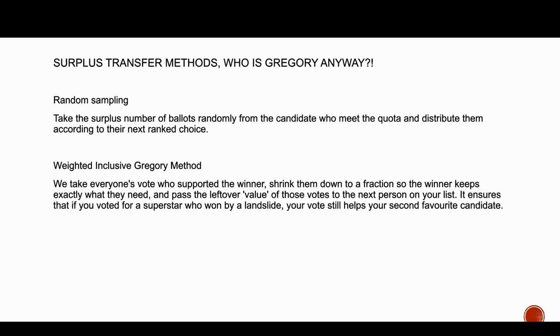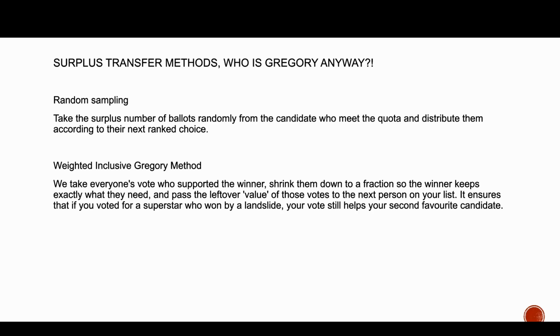So with random sampling, imagine you've got a stack of paper ballots, and you've counted up who goes away. So you're in round one. You've got everyone who's got your rank one votes, and say this candidate has received 100 rank one votes. You know they only need 50, so the surplus is 50.